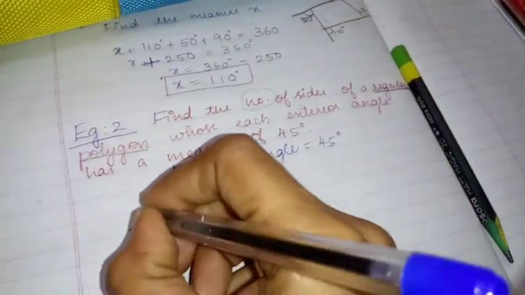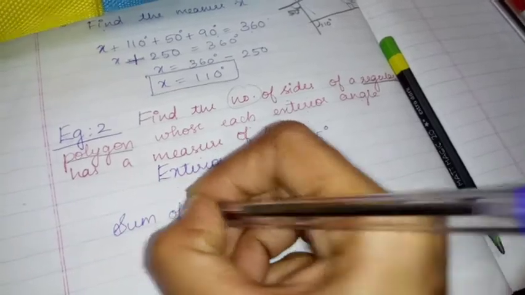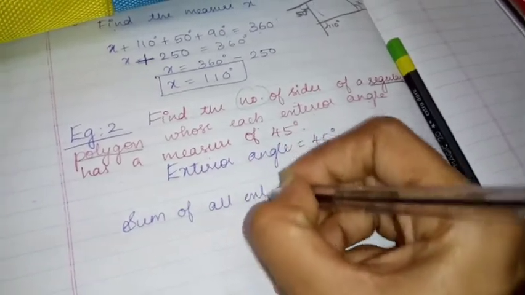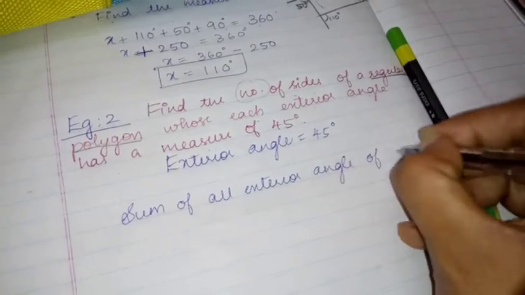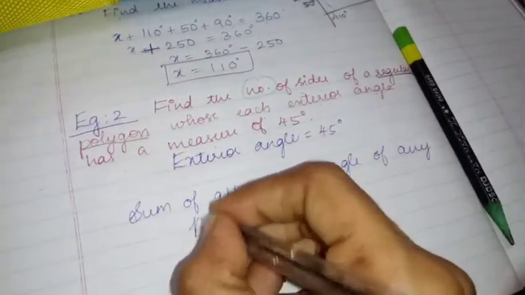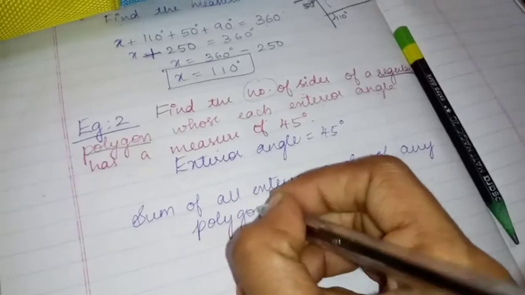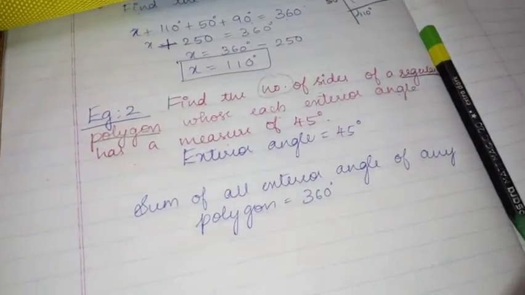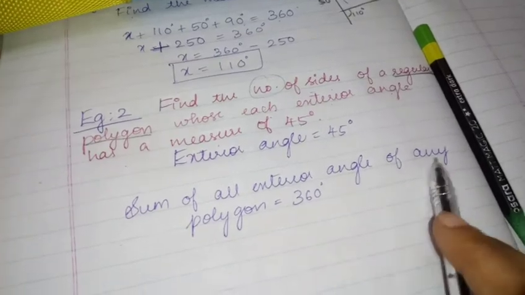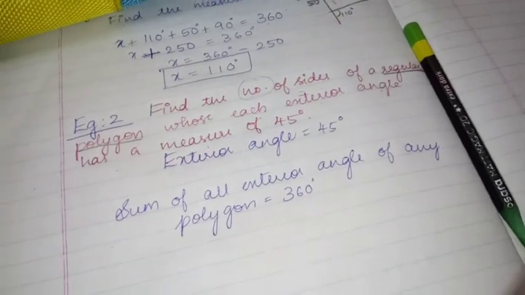So what is the formula? The sum of all exterior angles of any polygon, whether regular or any polygon, is 360 degrees. Correct?